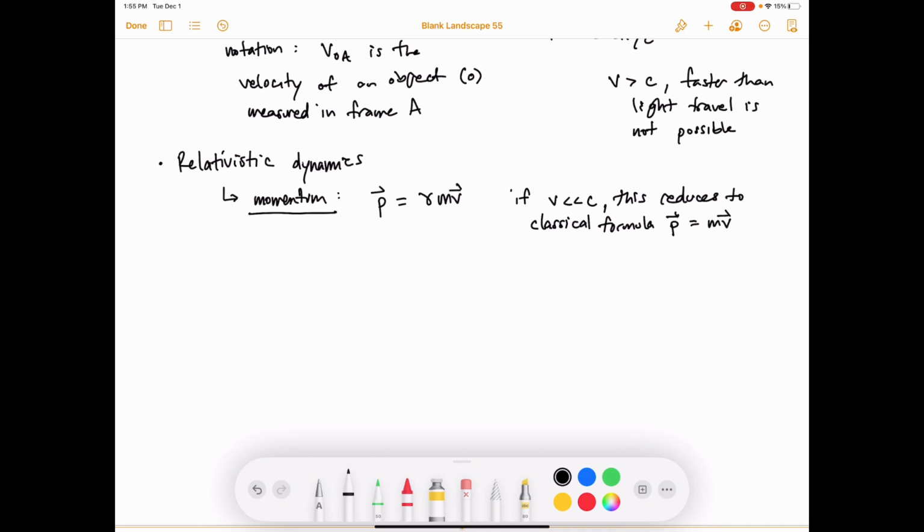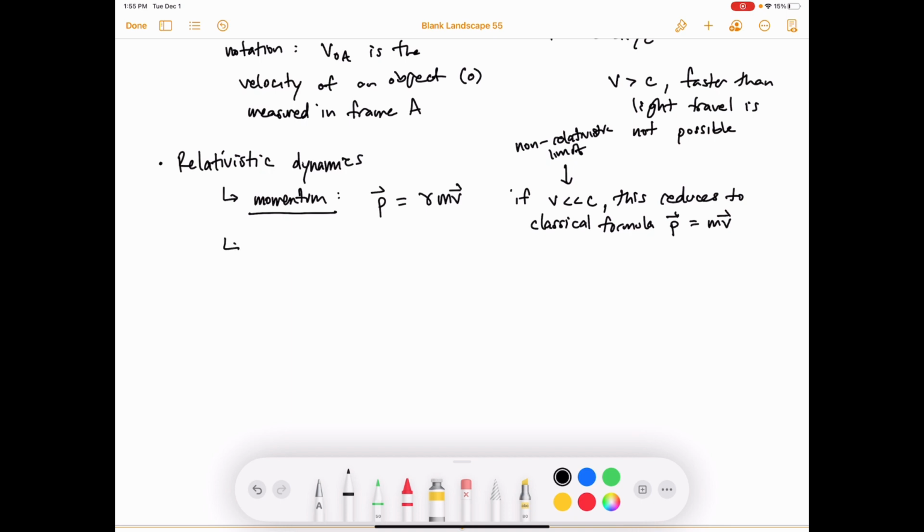And in fact, that's going to be true of everything we see in relativity. In the non-relativistic limit, which is what we call this right here, where the speed is much less than the speed of light, everything in our relativistic formulas reduces back down to the classical formulas from Newtonian physics.